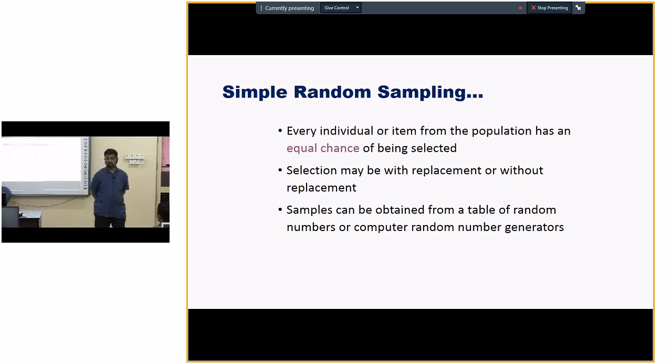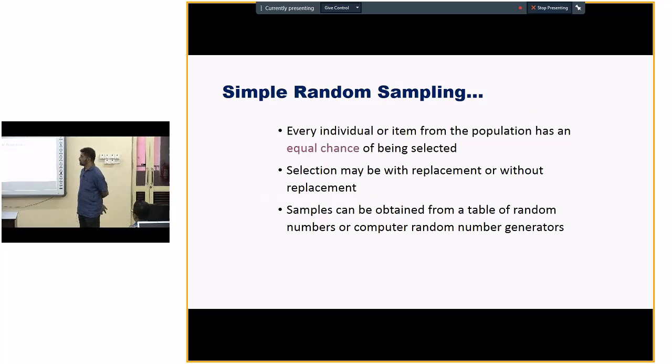Simple random sampling, very simple. If we have a list of the population of interest, the sample frame, we can use a lottery system or random number system to select them, right?